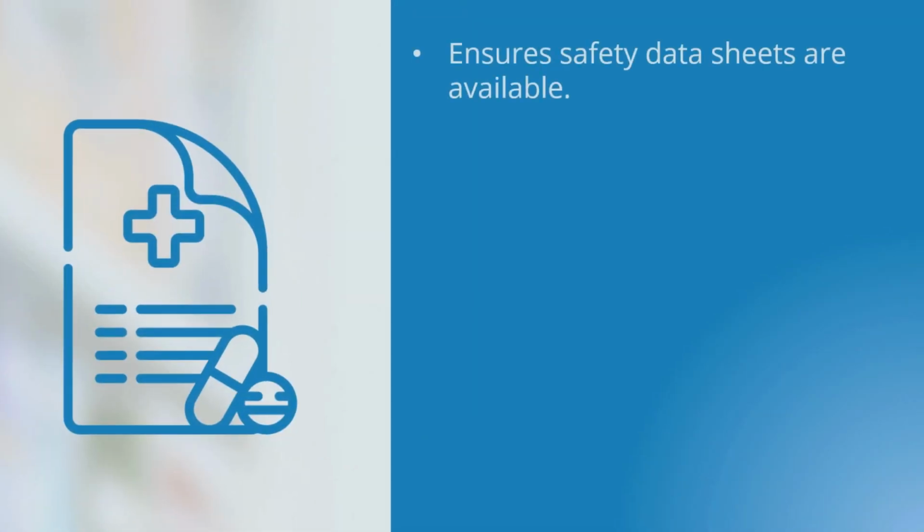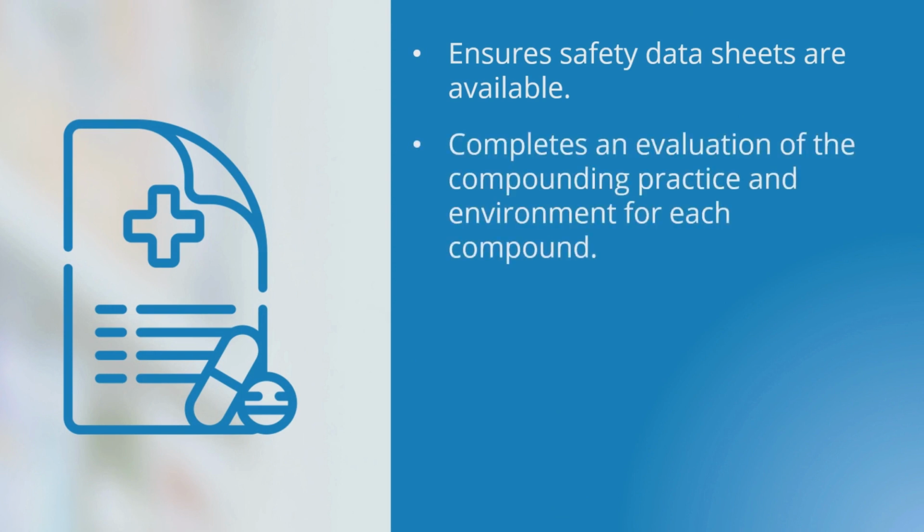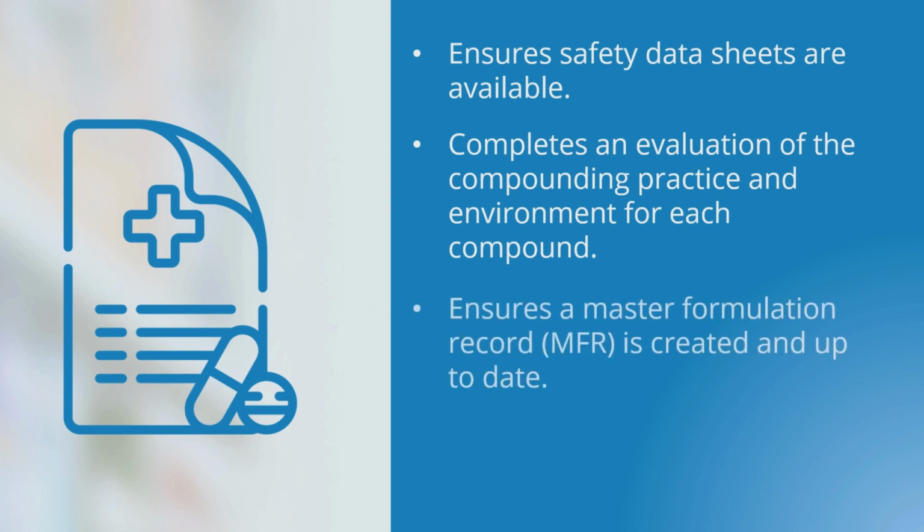They ensure safety data sheets are readily accessible for each active pharmaceutical ingredient. And for each compound, they must complete an evaluation of the compounding practice and environment, and also ensure a master formulation record, or MFR, is created and kept up to date.